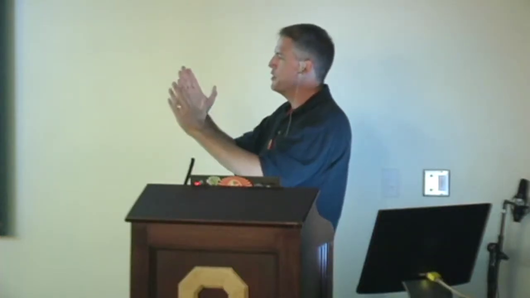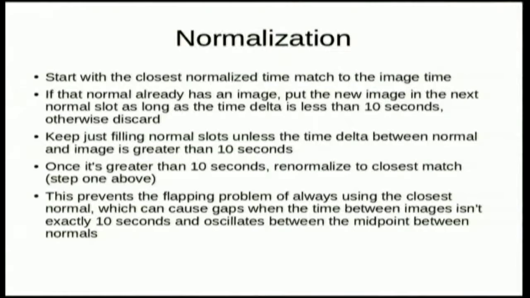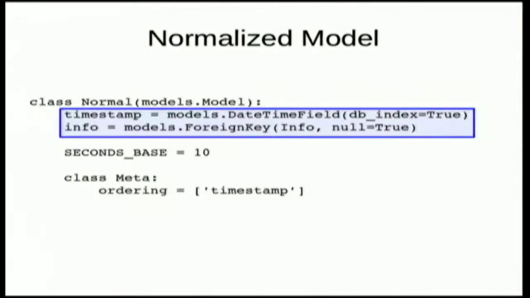Whereas really I just want to say, okay, this is the next image. Even though it's 12 seconds different, I want to put it in the next slot, and this normalization formula solves that problem. So the normalized model is actually just 2 columns: the normal timestamp, and a pointer to the actual image information.